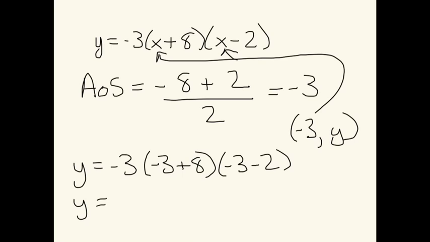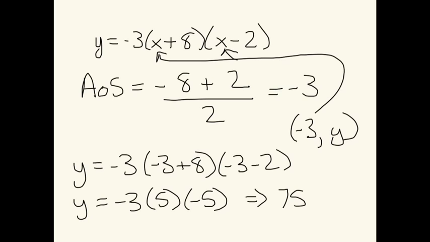Negative 3 plus 8 is just going to be 5. And negative 3 minus 2 is going to be negative 5. Multiply these together, and what you're going to get is 75. So your vertex for this thing is going to be (-3, 75). That's your final answer.